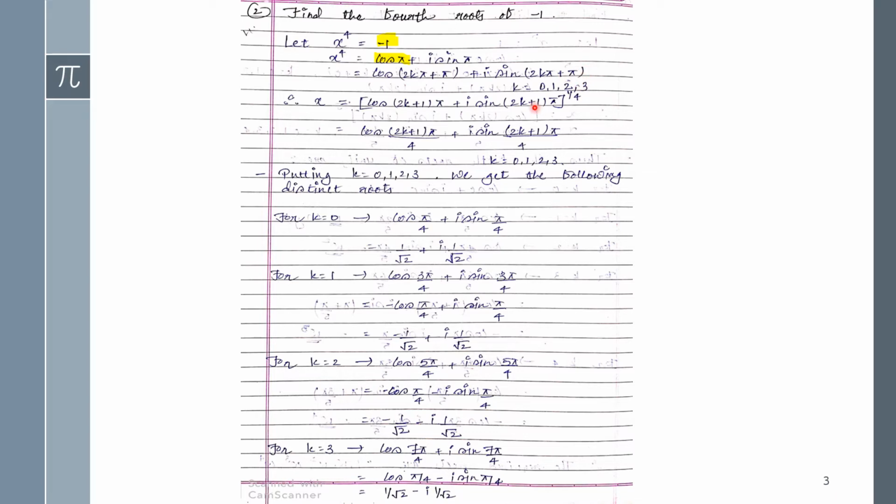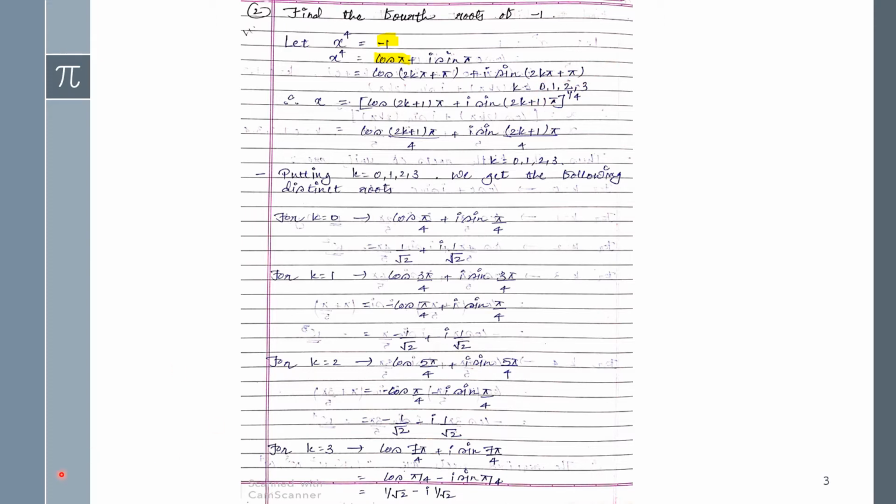Now what will be the values of k? For that you have to see the equation. It's given the fourth root of -1, so n will be 4. You know the values of k start from 0 up to the n minus 1th term, so that will be 0, 1, 2 and 3.